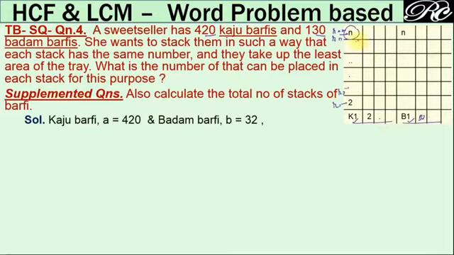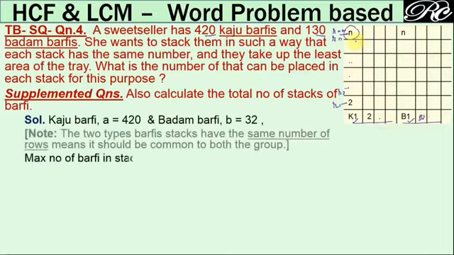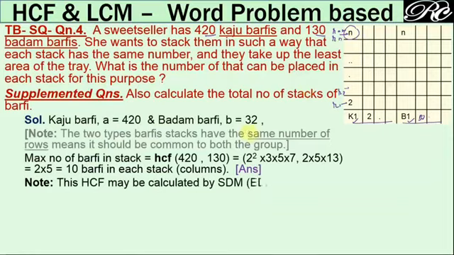Therefore this n should be common for the Kaju Barfi number as well as the Badam Barfi number. So n will be the HCF. So the maximum number of Barfi in a stack will be the HCF of 420 and 130. Go for the prime factorization method. We are getting 2 into 5. So it is 10 Barfi in each stack.